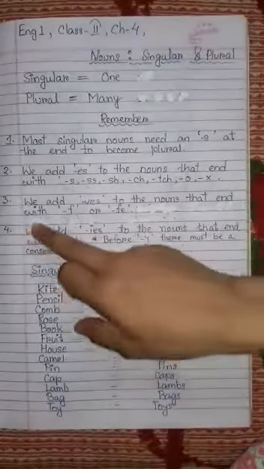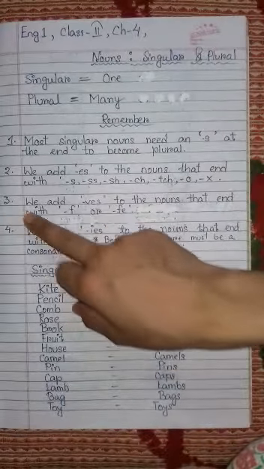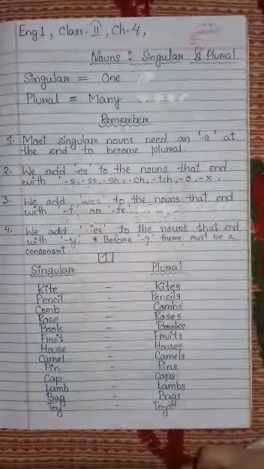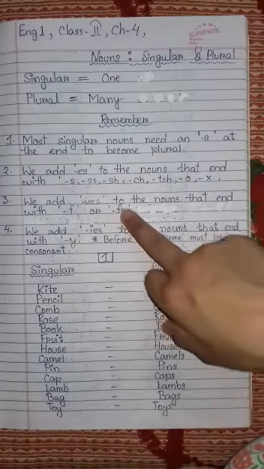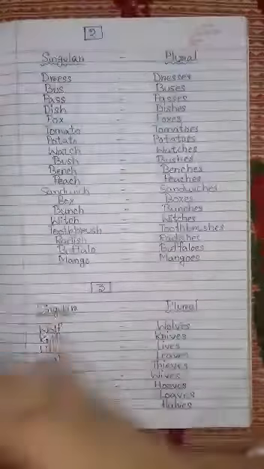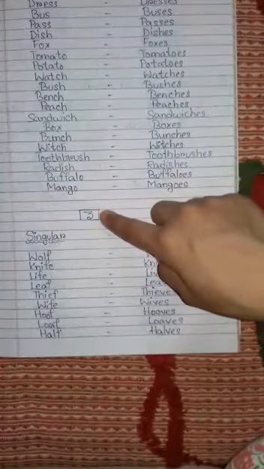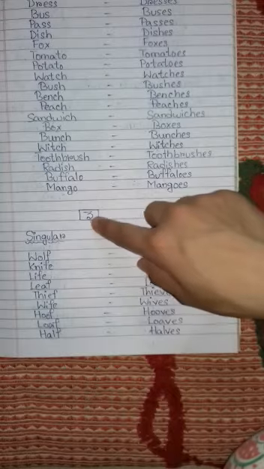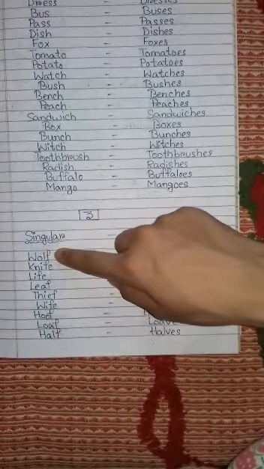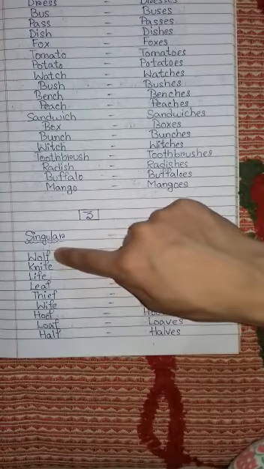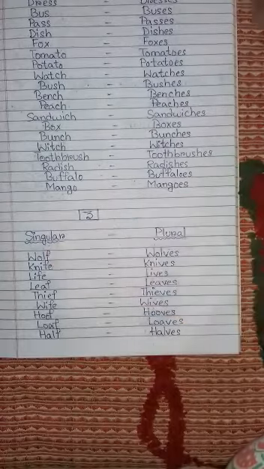What was that? Rule number 3 is we add ves to the nouns that end with f or fe. This chart is for rule number 3. Wolf, the last letter is f.